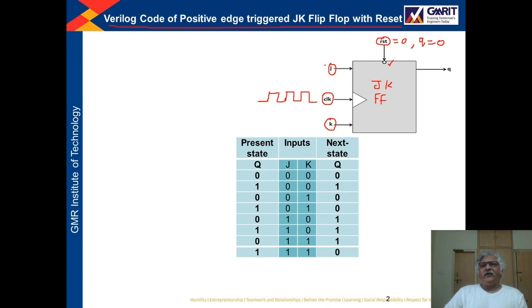Whereas the inputs J and K are synchronous inputs. Since this is a positive edge triggered JK flip-flop, the positive edge of the clock is this, when the clock is going from low to high.